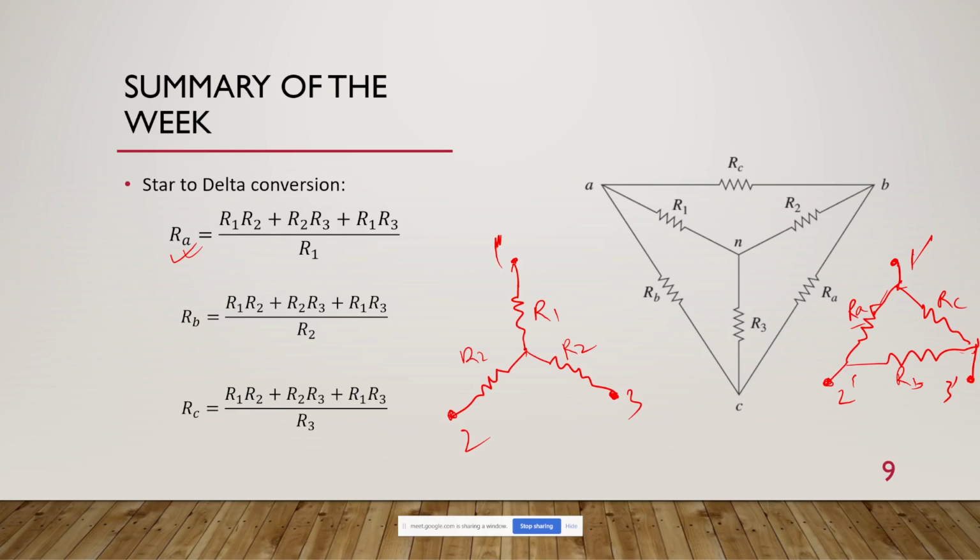So what do you understand when I say I want to find the equivalent of something? What do you understand by this term? Okay, you are almost right. Can you please elaborate what you mean by that?